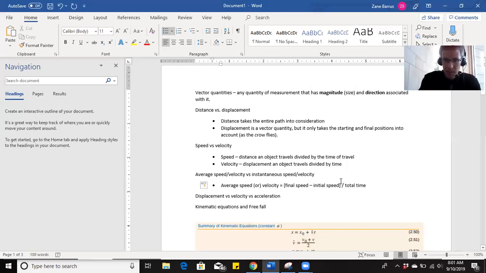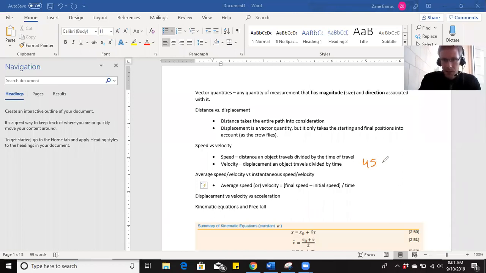So, for example, if I was traveling on the freeway going 65 miles an hour, and then suddenly there was construction and I had to slow down to about 45 miles per hour, my final speed would be 45 miles per hour.